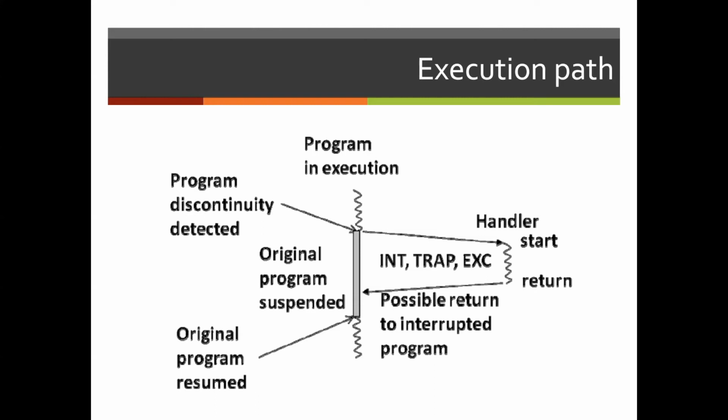It's important to have appropriate mechanisms in place to analyze and evaluate the discontinuity. Hardware needs to be capable of determining the address of the handler so that control can be transferred and the event can be handled appropriately.